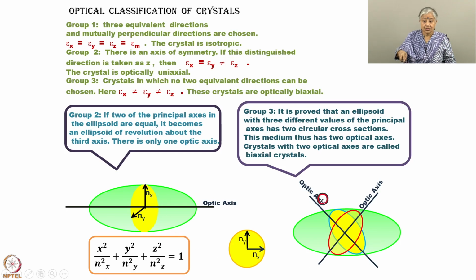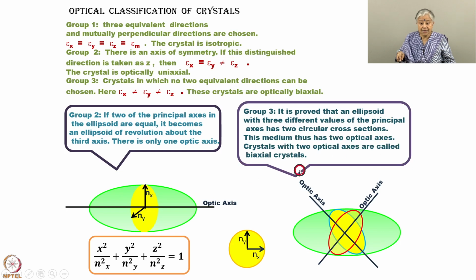So, this crystal falls under this group 3 crystal. It is proven that an ellipsoid with 3 different values of the principal axis has 2 circular cross sections. This medium has 2 optic axes. Crystals with 2 optical axes are called biaxial crystals.